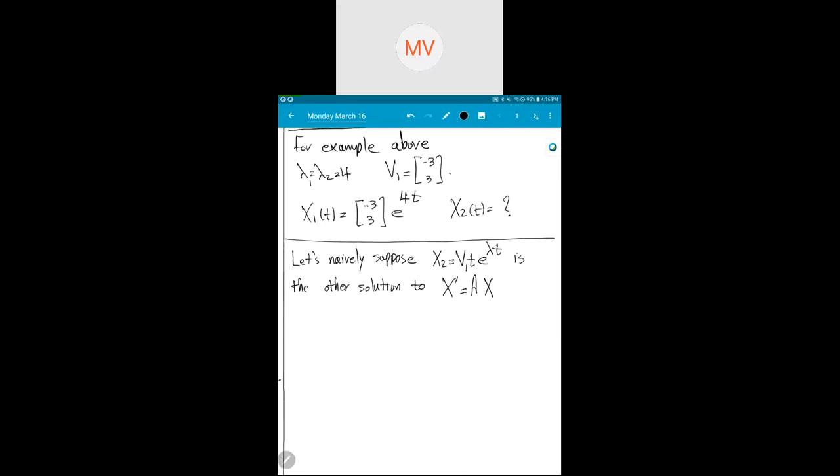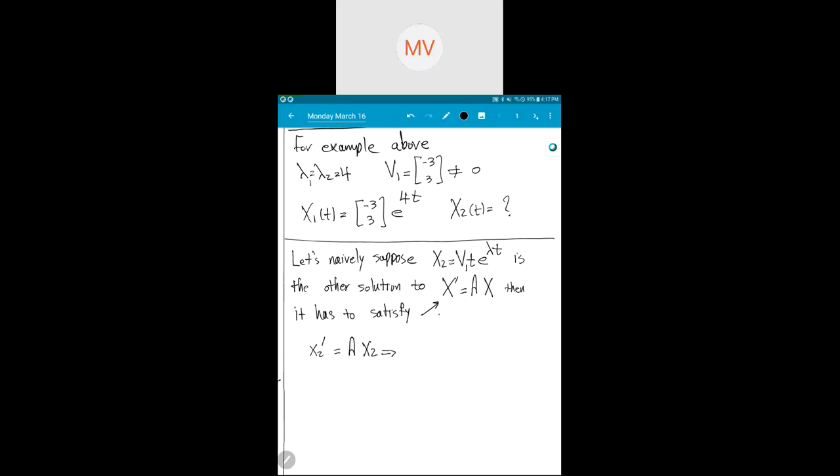And by the way, we know v1 is not 0. So if that's a solution, then it has to satisfy this system, meaning x2 prime should equal A x2.